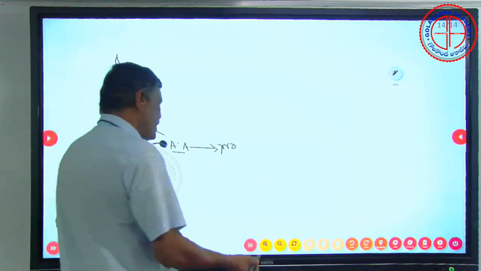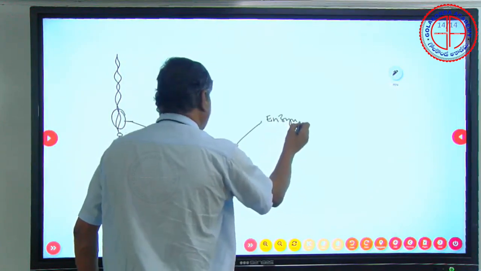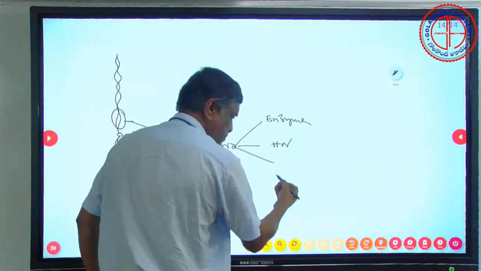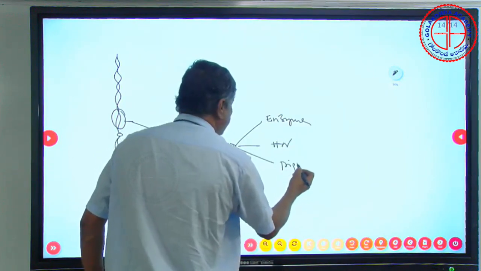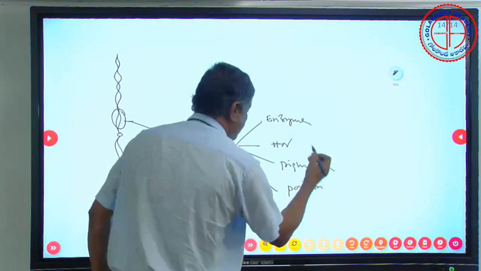Then, based on character and structure, protein can be divided into enzymes, hormones, pigments, or poisons. What is poison?